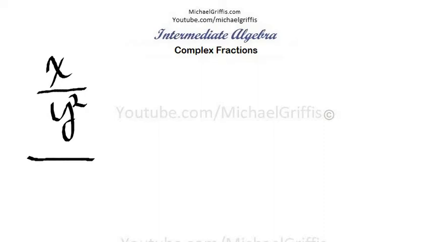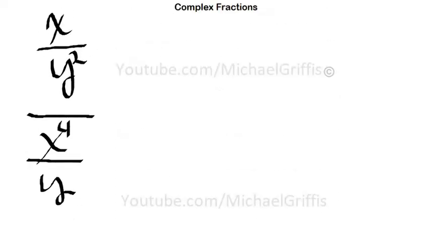Say I have x over y squared, and it's all over x to the fourth over y to the fourth. Running out of room already.